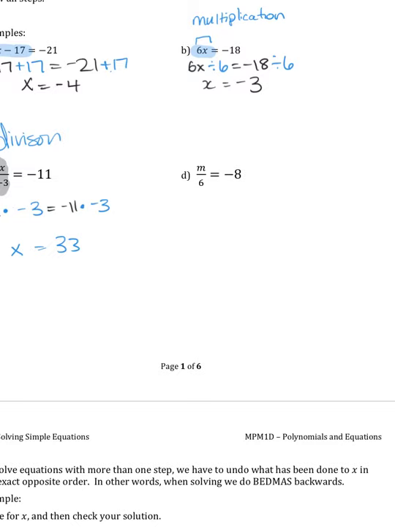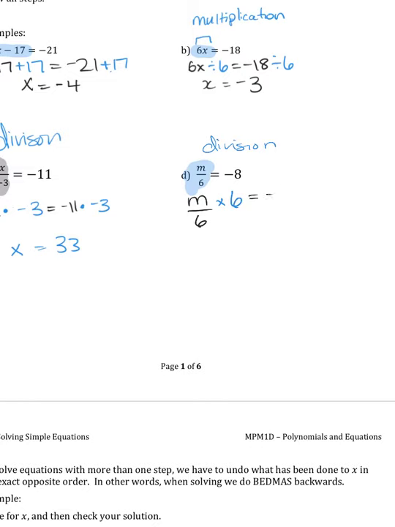Okay, last example. So we're going to start it exactly the same way. What's happening between this letter and my number? So I'm doing division here. Okay. And the opposite of dividing is multiplying. So I'm going to rewrite my left-hand side, but this time I'm going to multiply by my number, which is 6.